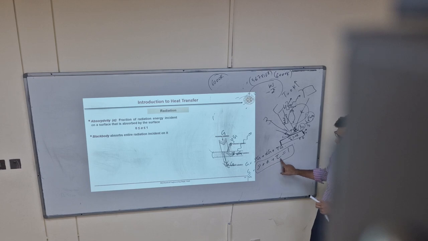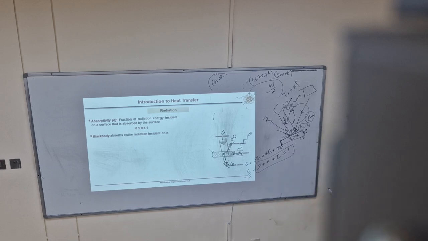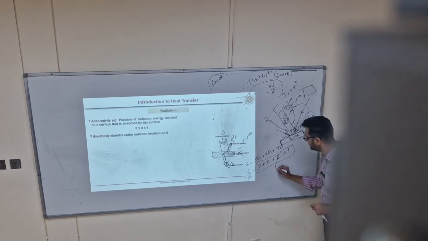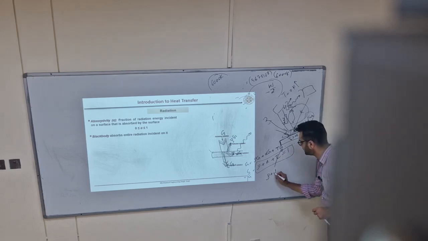All these are ratios: the fraction of the incoming radiation which is reflected, which is absorbed, and which is transmitted. For opaque solids, the transmittance will be 0, so rho plus alpha is equal to 1 for opaque solids.